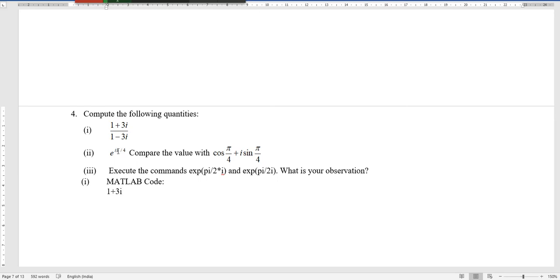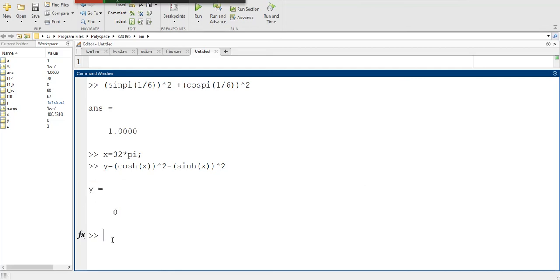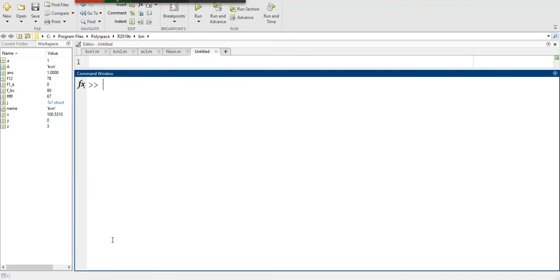I will write in brackets, division, 1 minus 3i. Then we will check it in the software. i is nothing but square root of minus 1. clc. You will get the simplified value, this is the output.